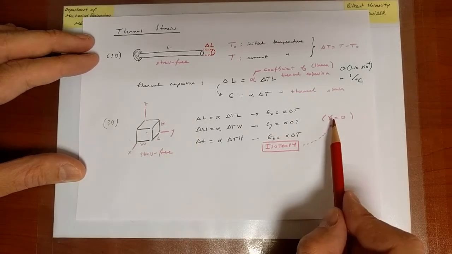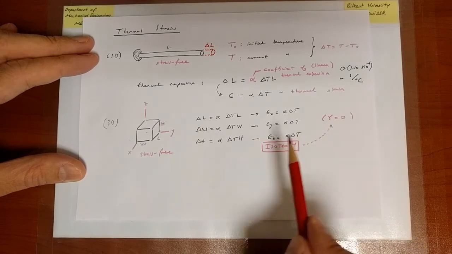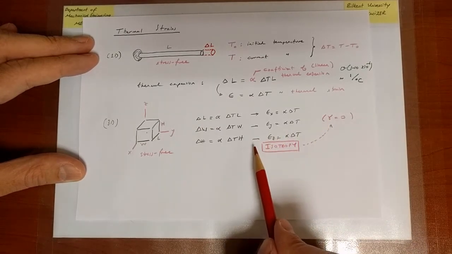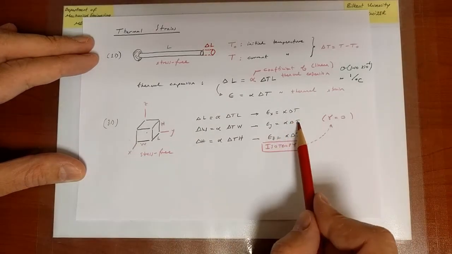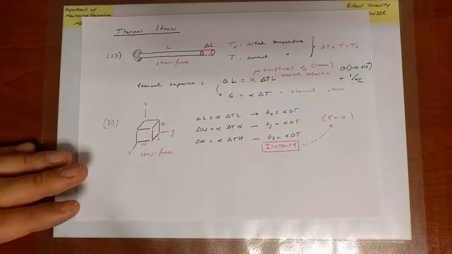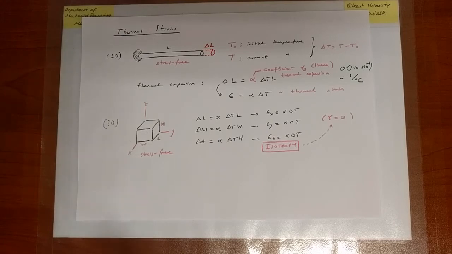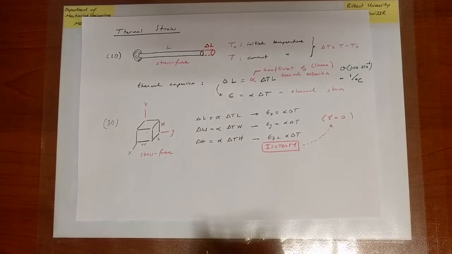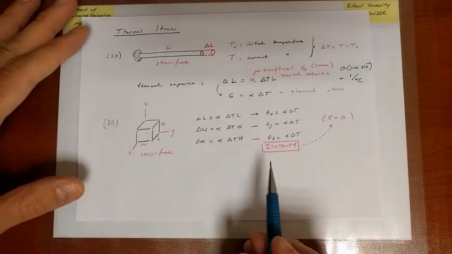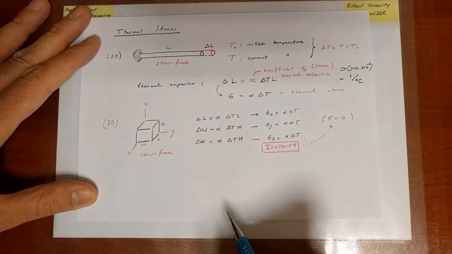In other words, you will get shear strains for an anisotropic material even without any mechanical loading, just due to the fact that you are changing the temperature. Okay, but here we're concentrating on isotropy, but it's important to keep in mind the underlying assumptions that we are making in this case regarding the nature of material behavior.